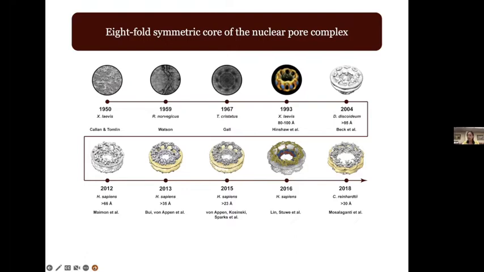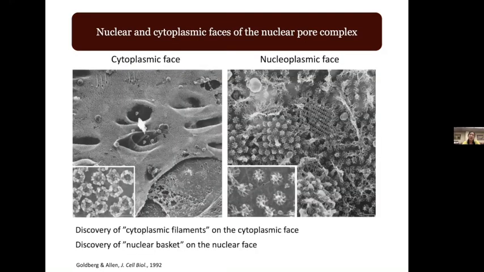In 1993, people were able to establish the first EM structure for the nuclear pore, but at that time the resolution was really low, at 80 to 100 angstroms. With technical development, the resolution got higher and higher. Besides, people also found that the nuclear pore complex has some portions that stick out.